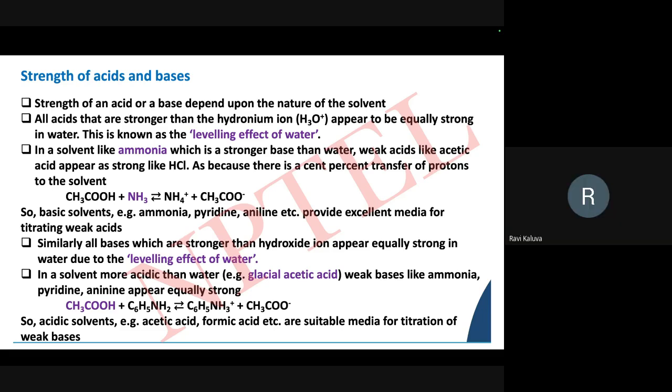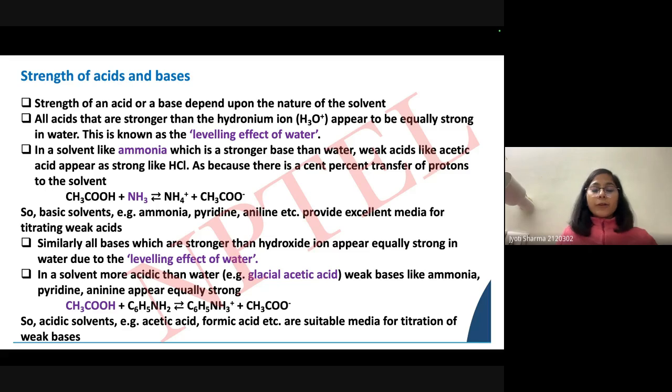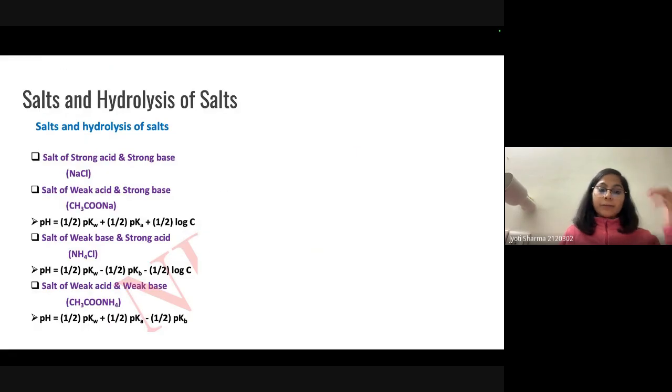So for example, if you have a solvent like ammonia, which is a stronger base than water, then a weak acid like acetic acid will also appear as a strong acid like HCl. So this is nothing but the leveling effect of the water, and the same thing can happen with the base as well. Sorry, for the base, and this is the leveling effect of the water.